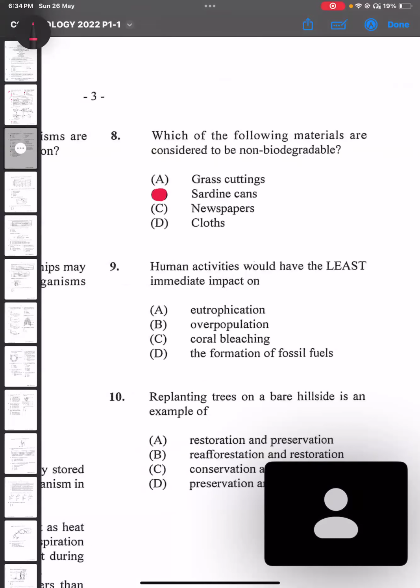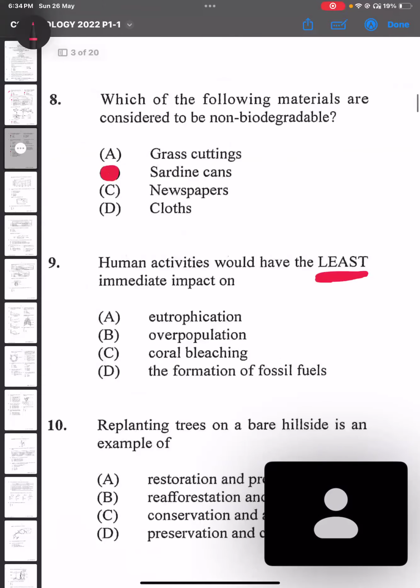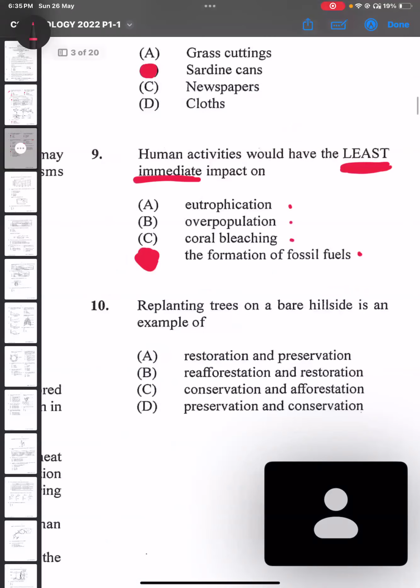Human activity will have the least impact on what? Which of these four? Eutrophication, overpopulation, coral bleaching, or formation of fossil fuels. Which one would humans have the least immediate impact on? D. It cannot affect the formation of fossil fuels because they take millions of years to form.